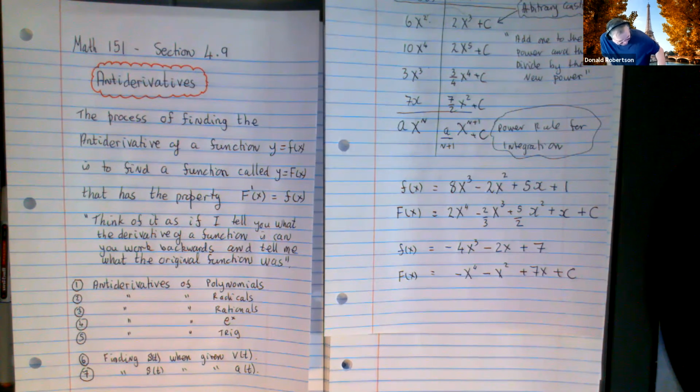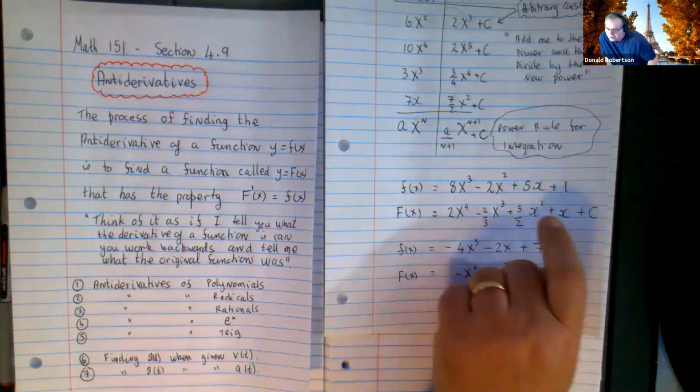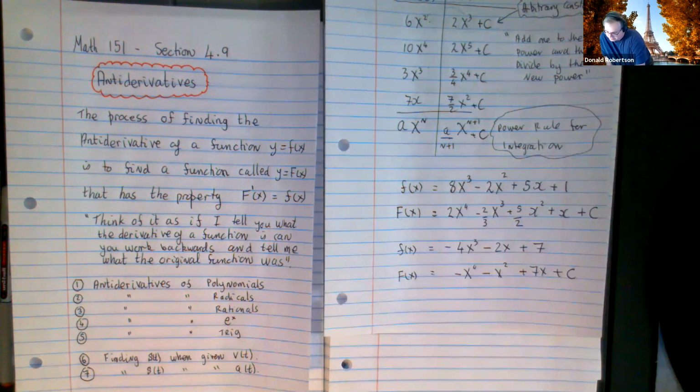Would you agree that finding antiderivatives of polynomials, now that you've got this thing called the power rule for integration, would you agree it's quite a simple rule, isn't it? Add 1 to the power and divide by the new power.